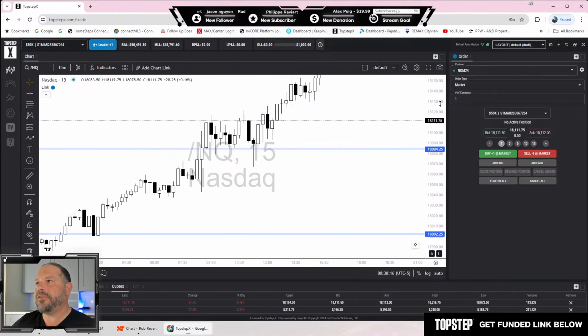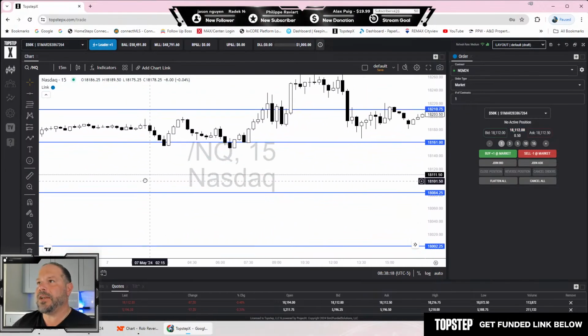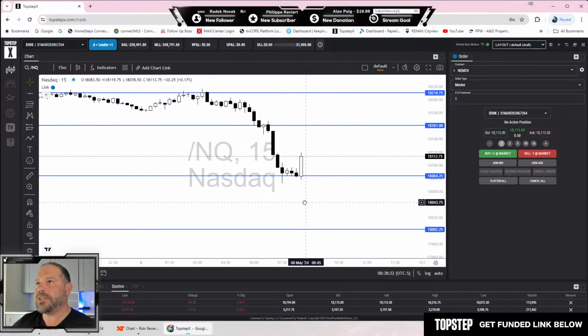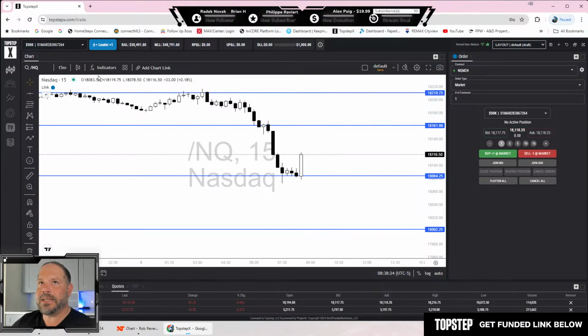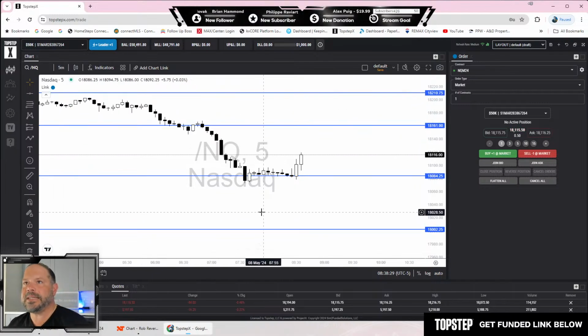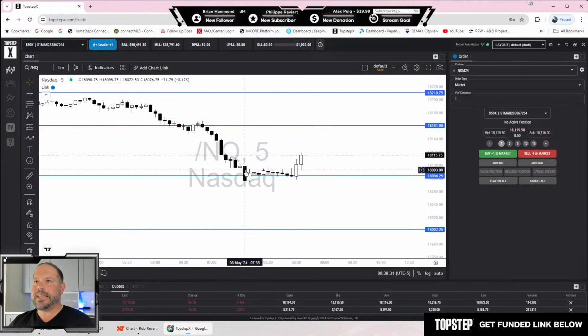So now I've kind of figured out on the 15-minute what price action levels I'm looking at. Now I'll go down to the 5-minute, and then let's take a look and see. So very similar to the ES, there was nothing here in between this range that would cause me to map out a 5-minute level.